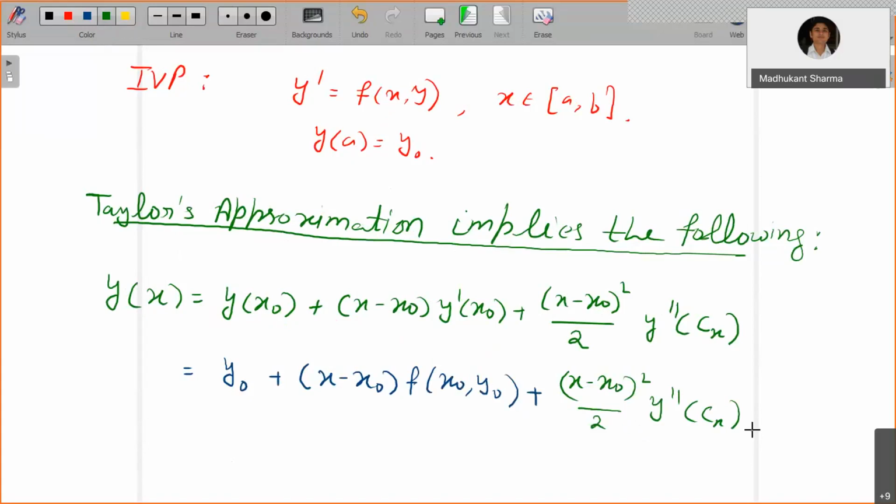Right, now see, we can truncate this series and we can assume that this is the approximation for the value of y at x.